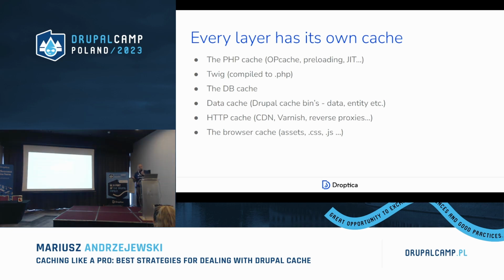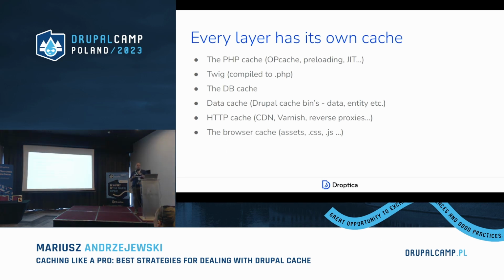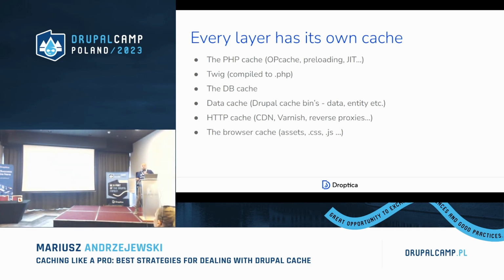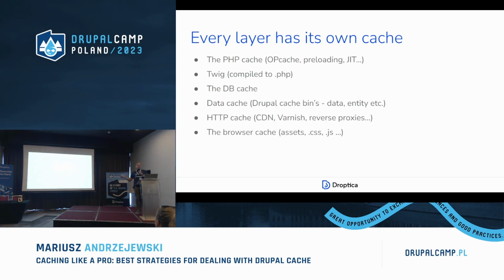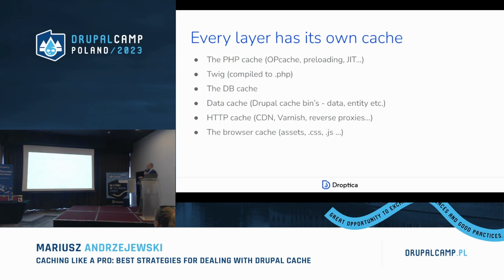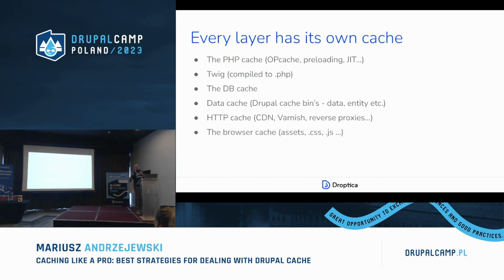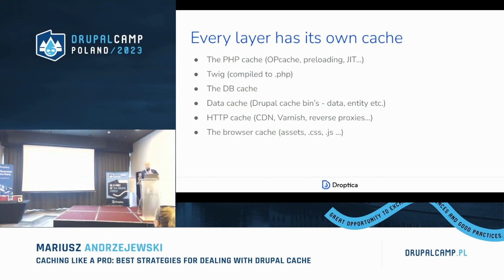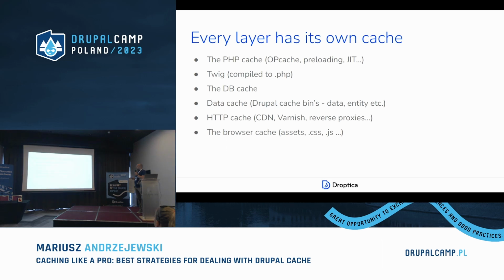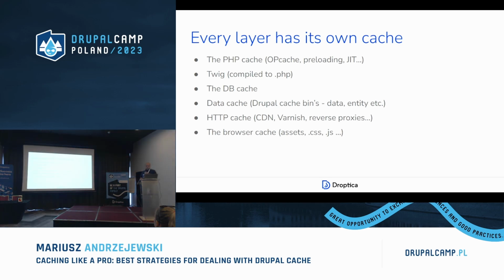We are using Twig in Drupal, and in fact it's not a separate language. It needs to be compiled to PHP anyway, so it has its own caching layer. The database, of course: the queries to the database are also handled by the database engines. They are cached to have better performance.